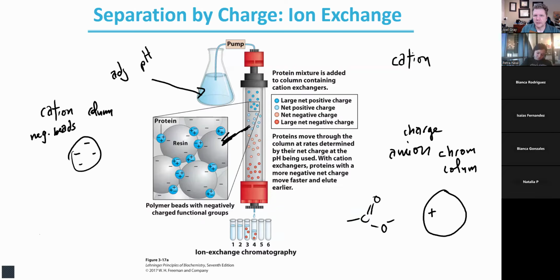So I like to say: cation column. Now I'm trying to come up with a description of the column. This column has beads within it. These beads are insoluble sugars. These beads are negatively charged. They bind positive proteins.